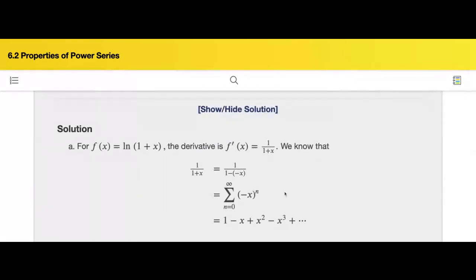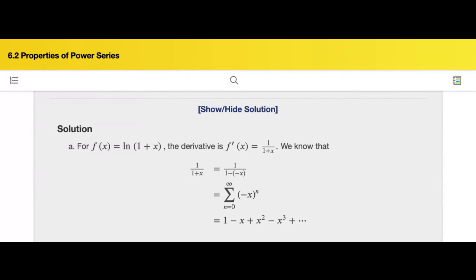So for ln of 1 plus x, the derivative is 1 over 1 plus x, right? That is what we know before. And 1 over 1 plus x can be represented as 1 over 1 minus negative x, geometric series, right?